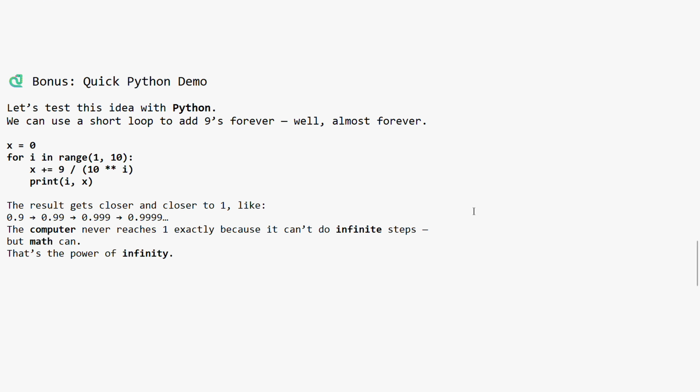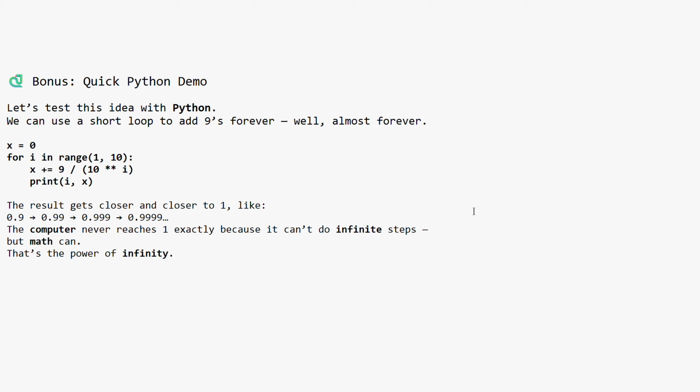Here is a quick Python demo. Now let's test this idea with Python. We can just use a short for loop to add the 9s forever. Well, almost. Below is the code. And we first define x as 0.